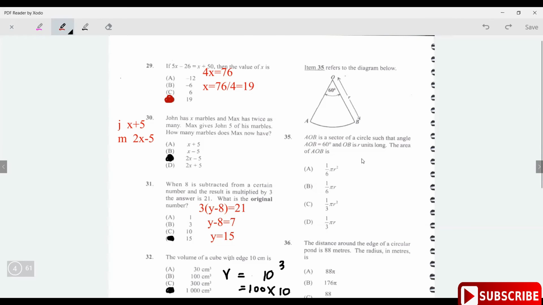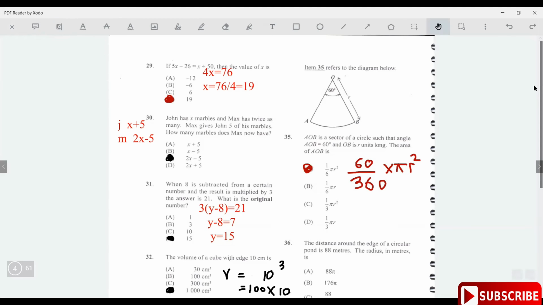Area of a sector is theta over 360 times pi r squared. So 60 over 360 is 1/6. There's 1/6 pi r squared. 35 is A. Easy question. Too easy.